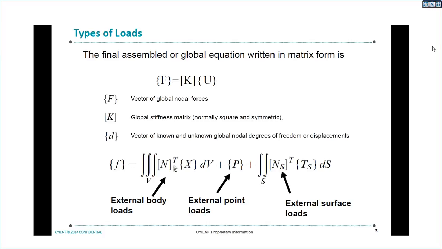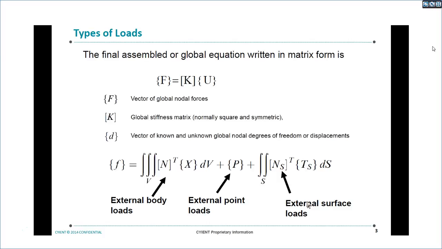If you see a final assembly of a force matrix, it consists of three parts. The first is body loads, the second is point load, and the third is pressure load.